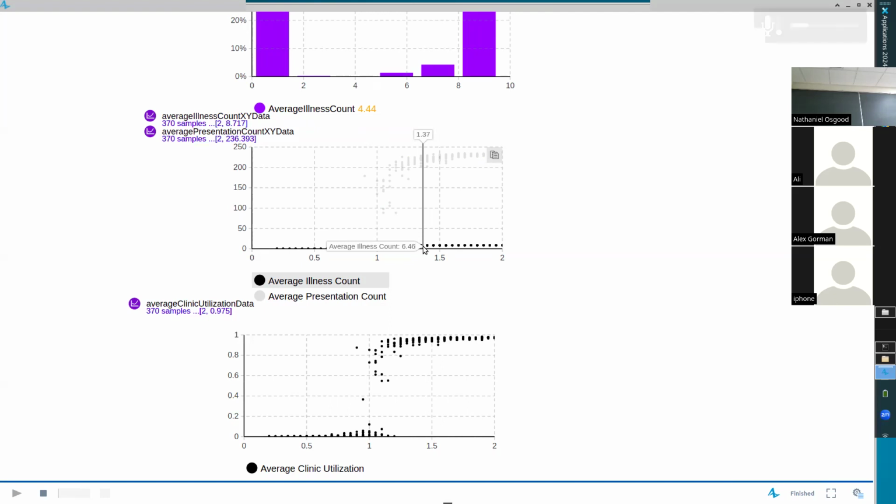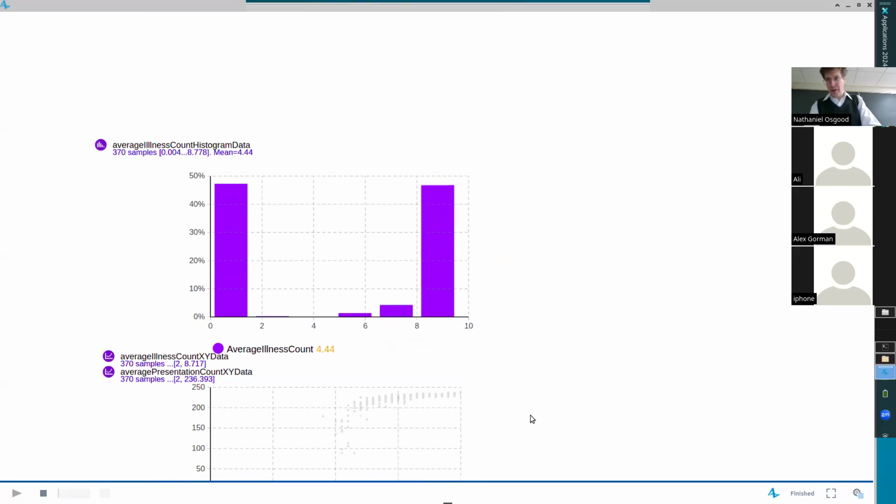So the number of times you get the illness is capped because at some point you're not going to get cured from it. And you're just going to carry it around all the time, right? And that, of course, is tied with this average presentation count. You may go back and back, but you're rebuffed every time, you give up, right?